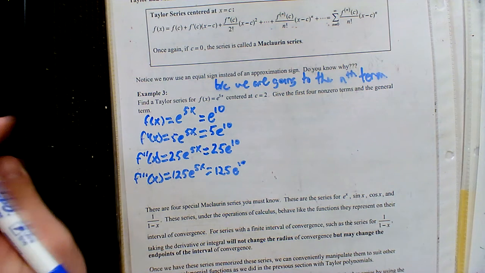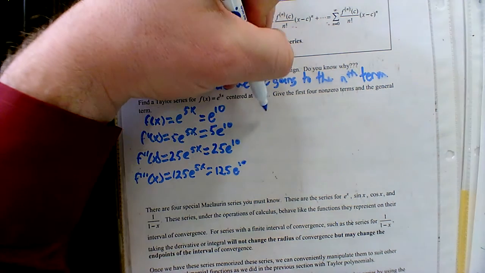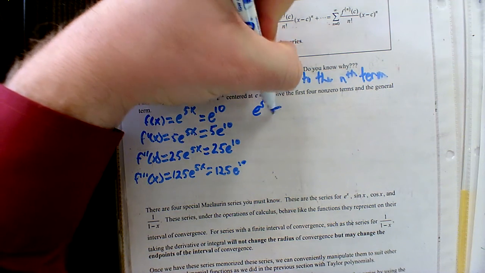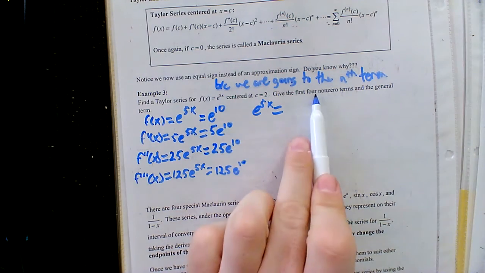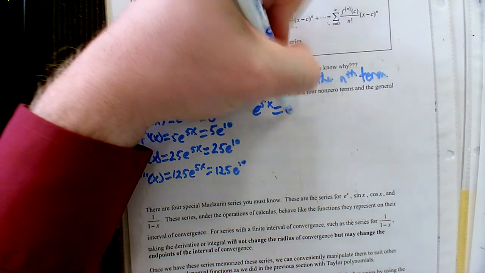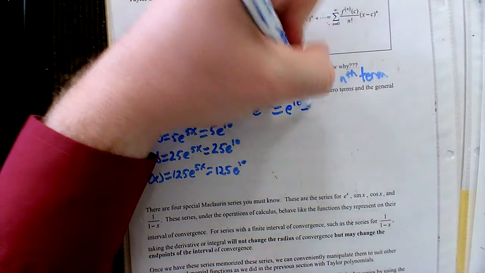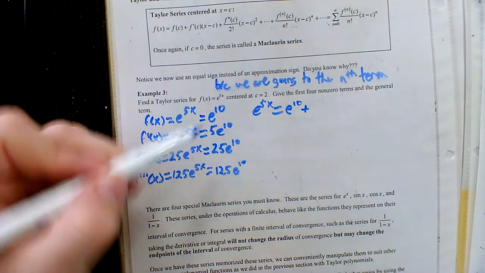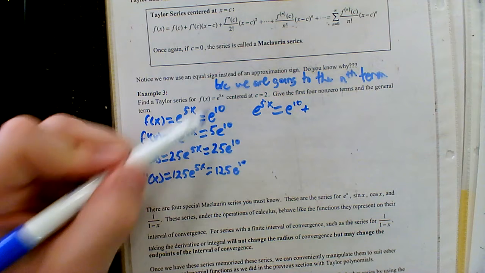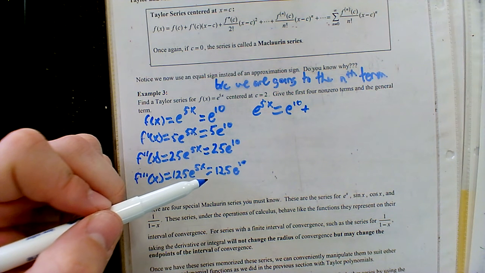So we have our first four terms. So they want us to write the Taylor polynomial now for e to the 5x. First four non-zero terms, then the general term. Well, the first term is just e to the 10th. Remember, referring to the Taylor series or Taylor polynomial, these values represent what?